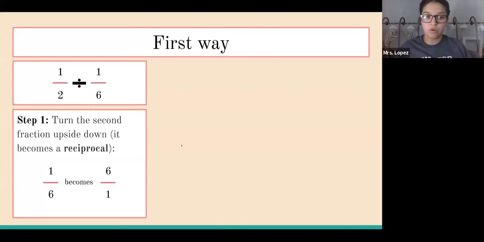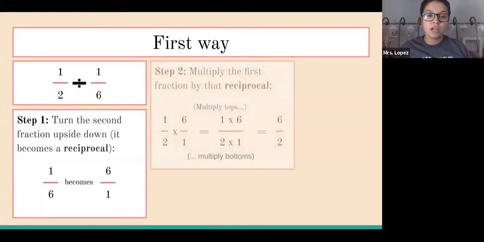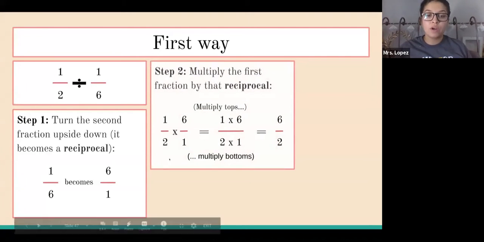So the second fraction from 1/6 becomes 6/1. Then we're going to take our second step, and we're going to multiply the first fraction by that reciprocal. So we have 1/2 times 6/1. We're going to multiply the tops and multiply the bottoms. So 1 times 6 is 6 in the numerator, and 2 times 1 is 2 in the denominator.